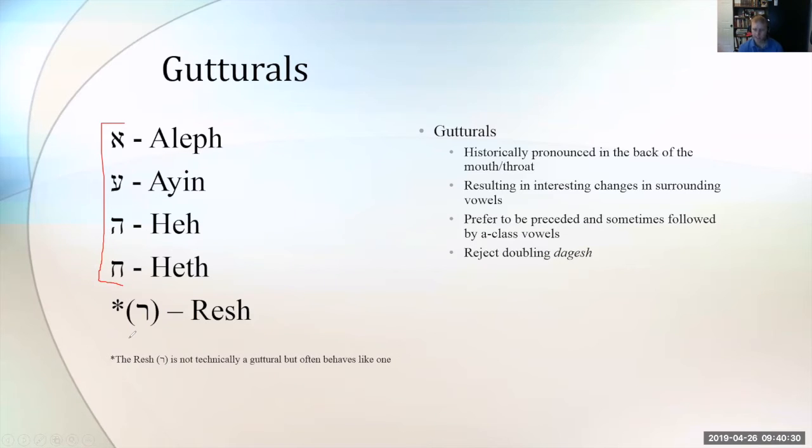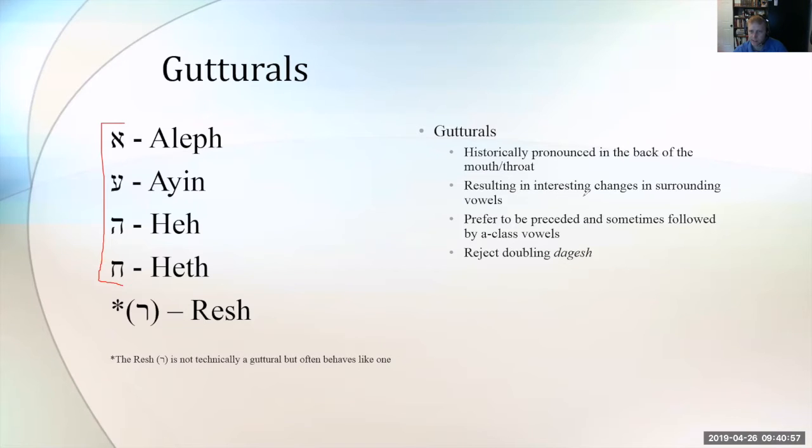Resh often behaves like a guttural, and we'll talk about how they all behave. Historically, they're pronounced in the back of the throat. Even the resh, though not for us, we typically say rah, rah. But historically, it was also pronounced in the back. Very difficult sound for us to make, but that's how it was done.